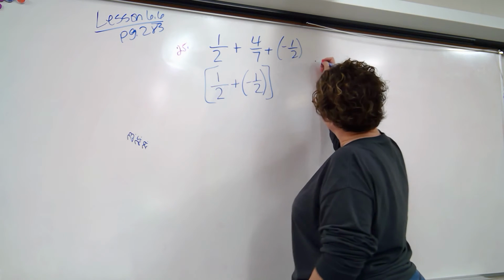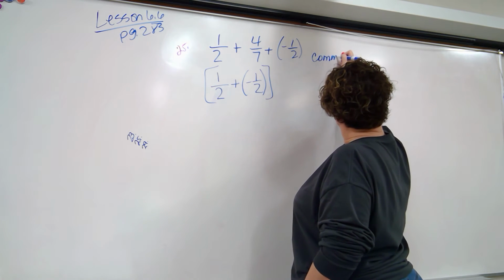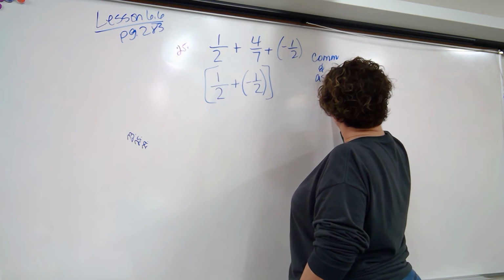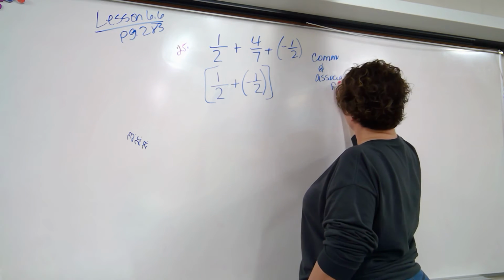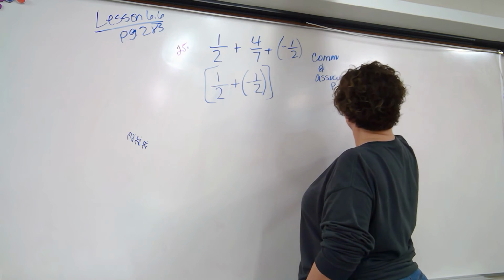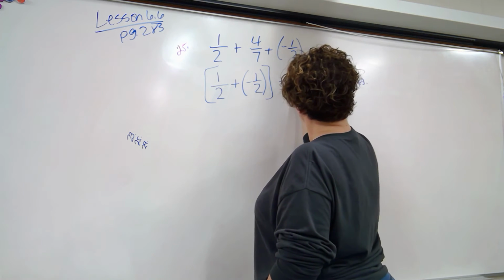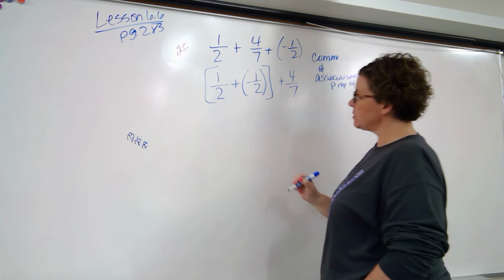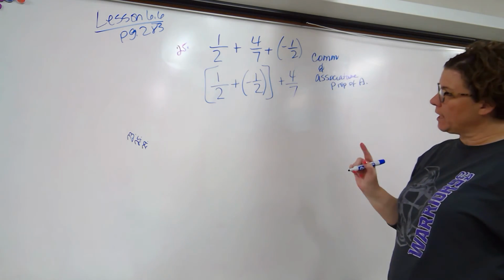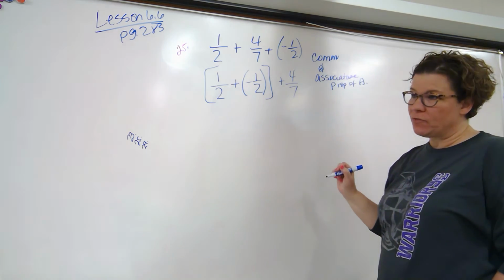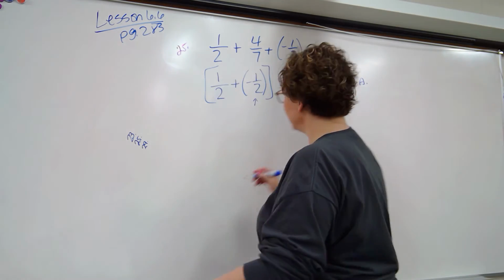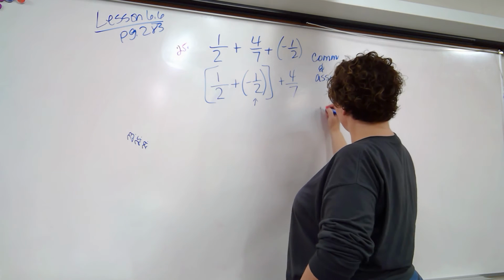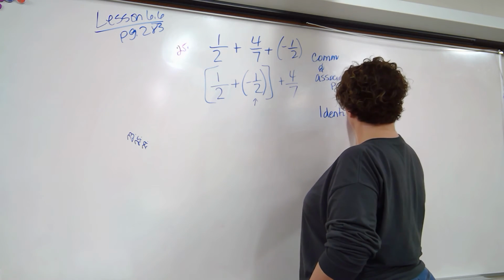I'm going to call this the commutative and associative properties of addition, plus 4/7. Don't forget about your other terms. I know that 1/2 and negative 1/2 are the additive identity. So this is the identity property.